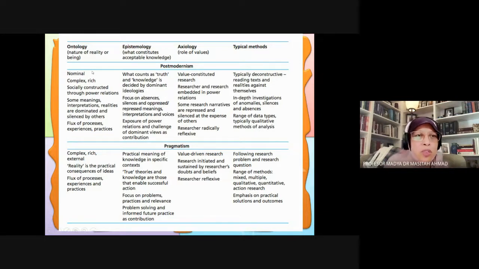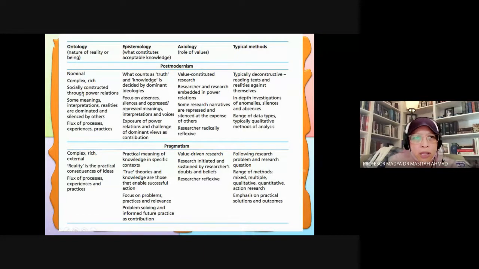So you should choose either one here from this. You might use the nominal, complex, rich, socially constructed through power relations, with some meaning and interpretation, where realities are dominated and silenced by others. Flux of process, experiences, and practice.